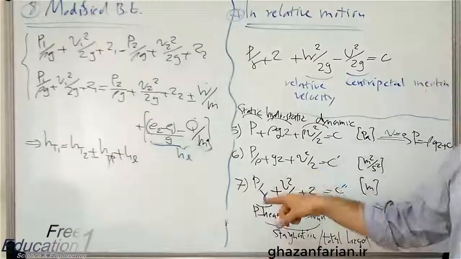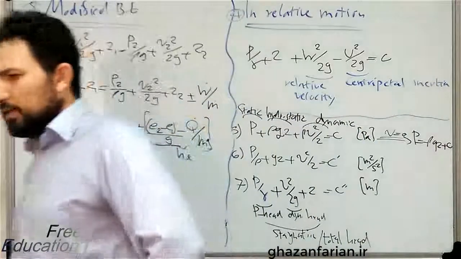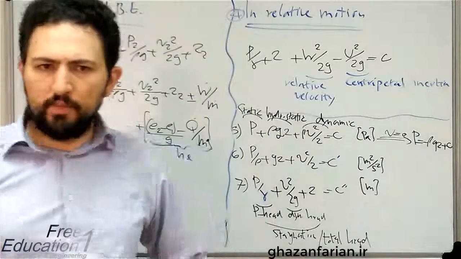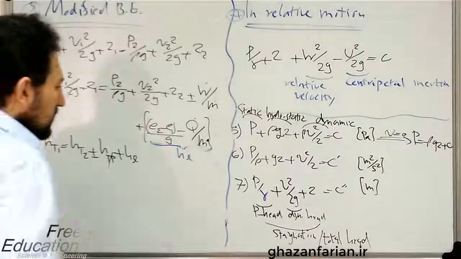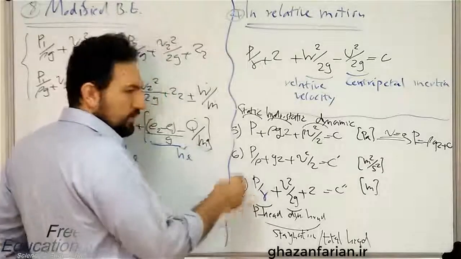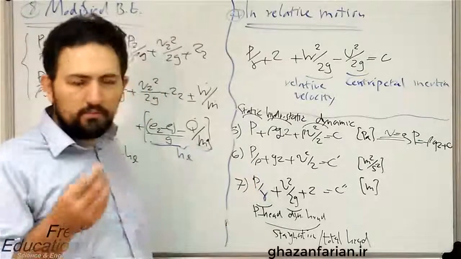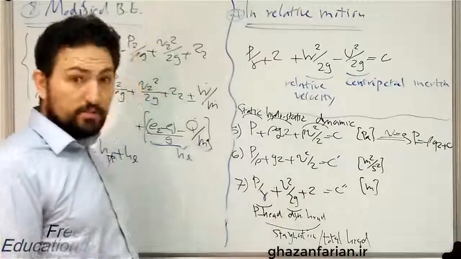And the seventh version of the Bernoulli's equation is similar to the fifth version, but this time divide both sides of the equation by the specific weight or gamma. This way, each term in the equation will become something similar to length, or the dimension of each term in the equation is the dimension of length.